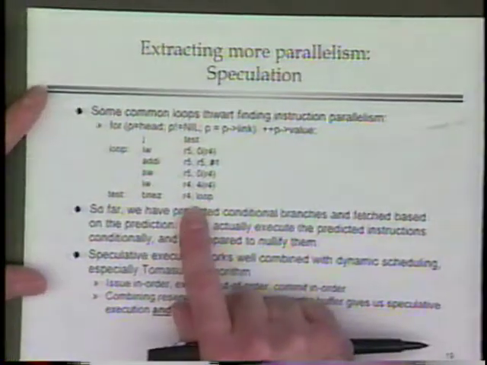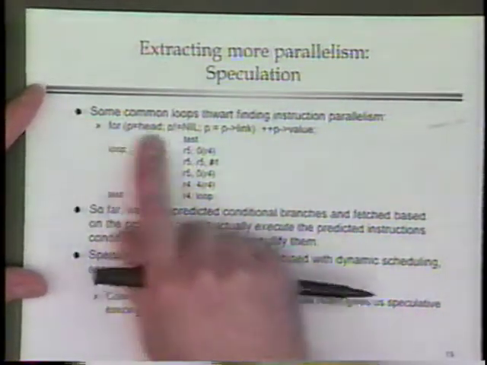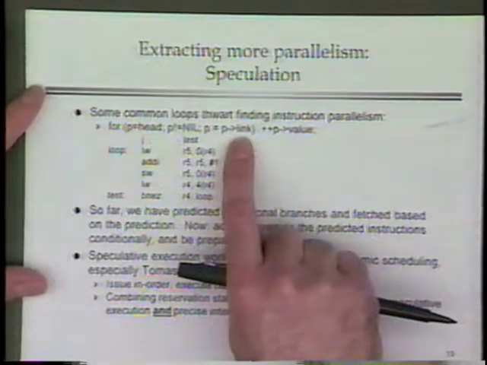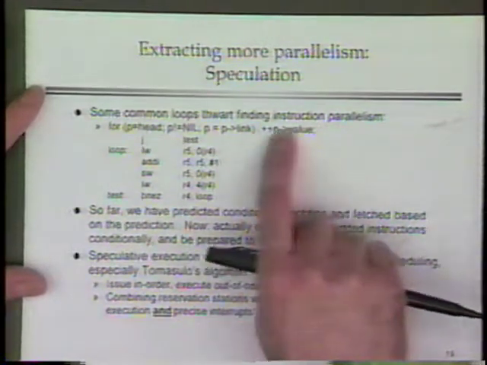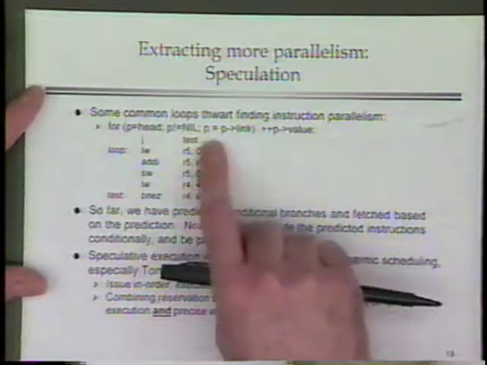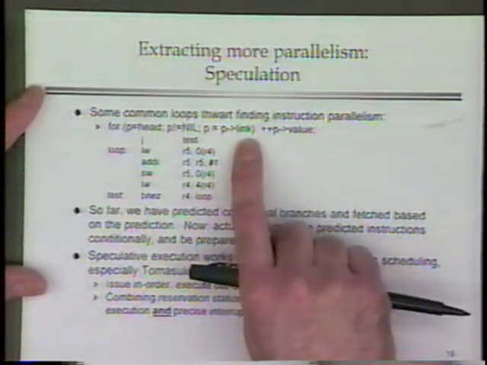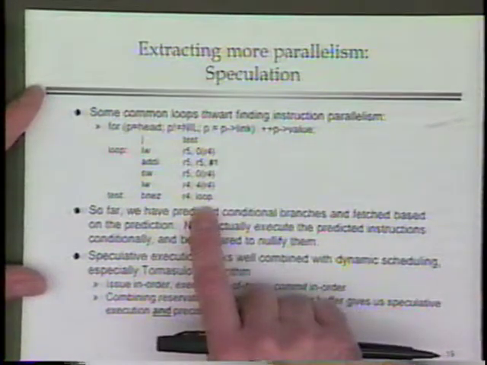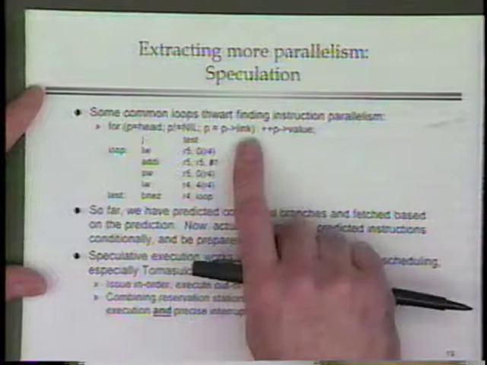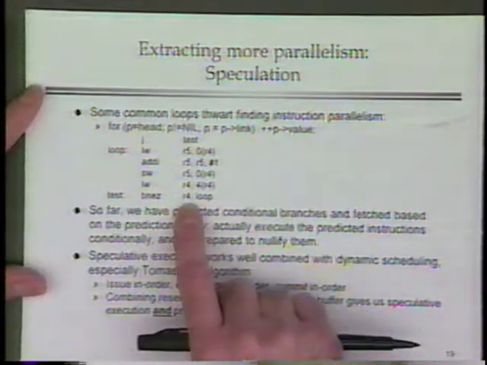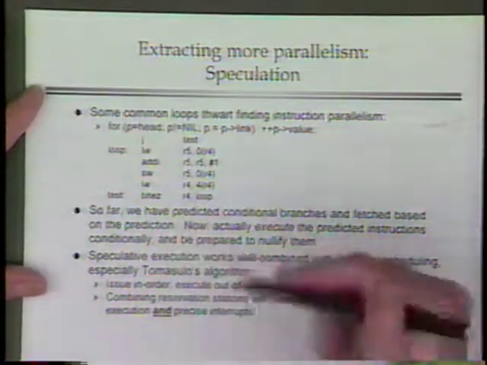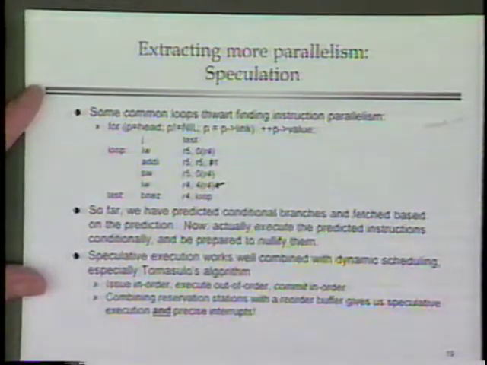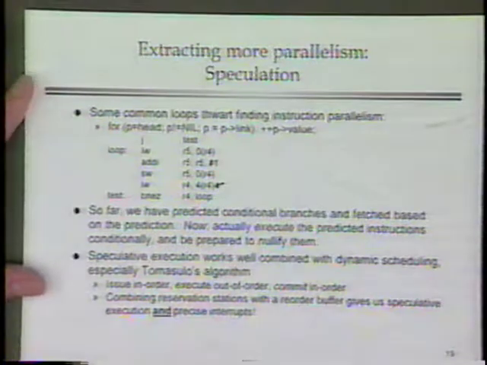If you look at a loop like this one, which is a typical kind of list structure traversal, where you're moving down a list, incrementing the value that a pointer points to, picking up a forward link in the list, it's very hard to get much advantage out of unrolling this loop because you can't execute the second iteration of the loop without knowing that the first iteration is not going to terminate because the null has occurred.